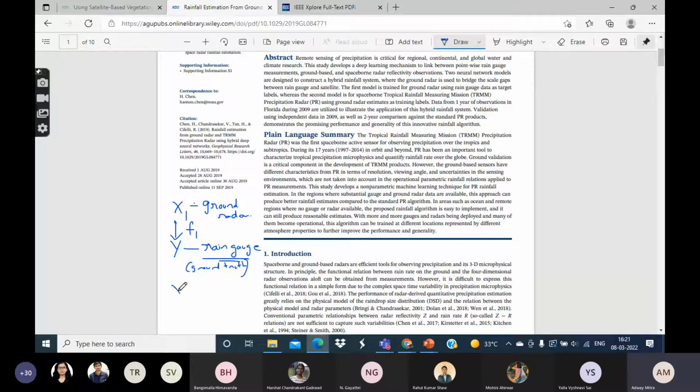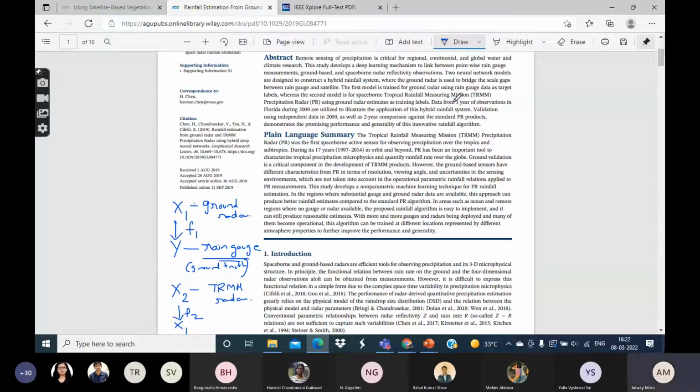So in this case, there is X2, which is the TRMM radar, and that is trained using X1 as the labels. So this is F2. Okay.